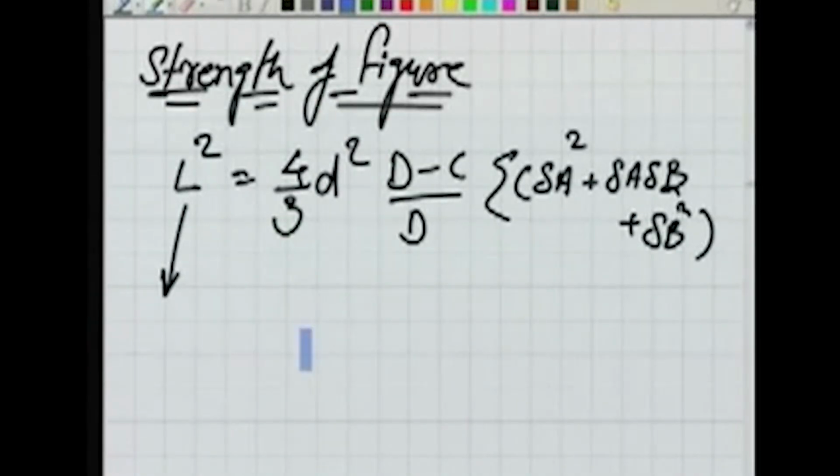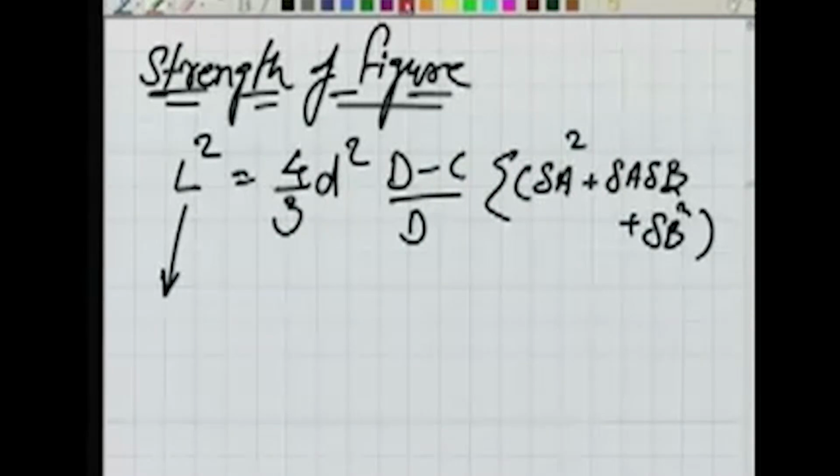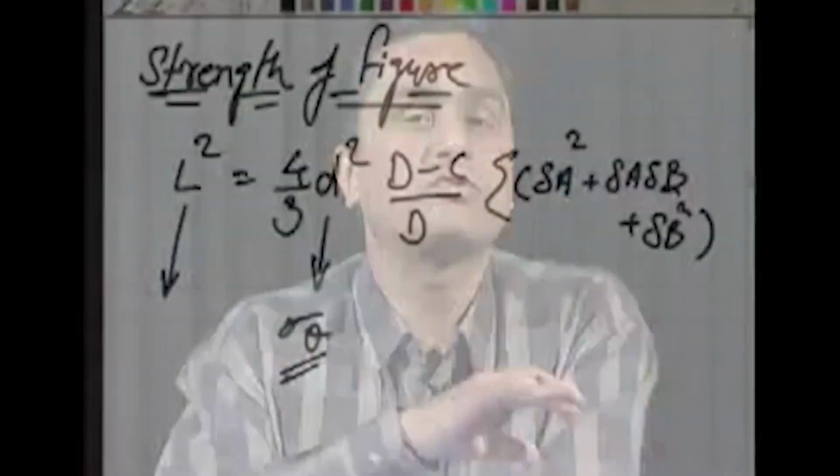So this L square is the probable error in computation when we are going through a chain of triangles. This d square is the probable error in angle measurement. This is similar to our sigma theta, which is constant throughout the process. If you are using the same theodolite, the same observer, and the weather conditions and other things are the same, this is kind of constant.